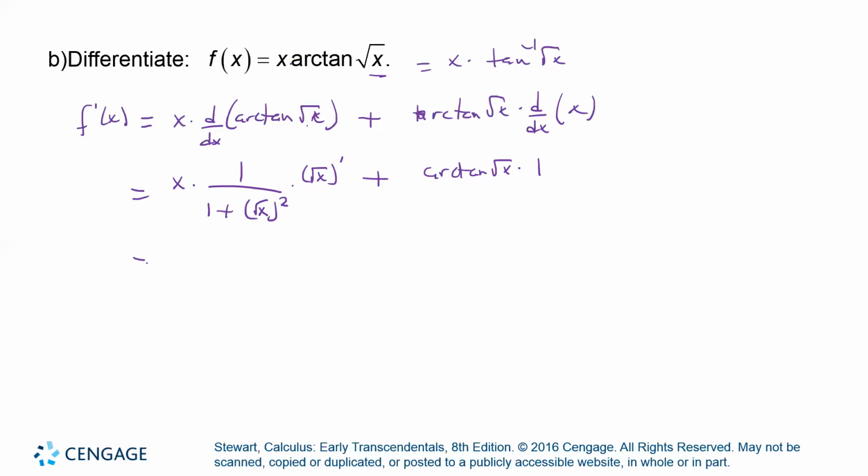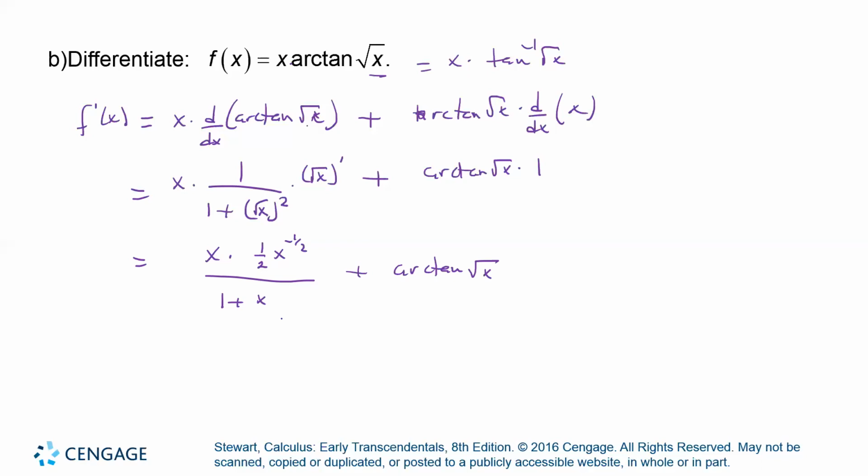So now let's simplify that. The numerator is x times, if I differentiate the square root, I'll get 1/2 x raised to 1/2 minus 1, which is negative 1/2, and then divided by 1 plus, if we take the square of that, you get just x. Then plus the arc tangent of the square root of x.